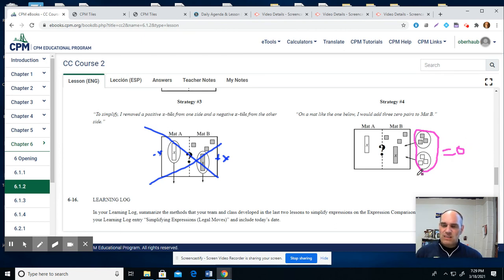When I add 0 to something, it doesn't change the value. That's like if I had, let's just say, $20, and then somebody gave me $3, and then I gave somebody else $3. Well, I'm exactly right where I started, and so I haven't changed my value. That's what's going on here: we don't change the value because this is just worth 0.